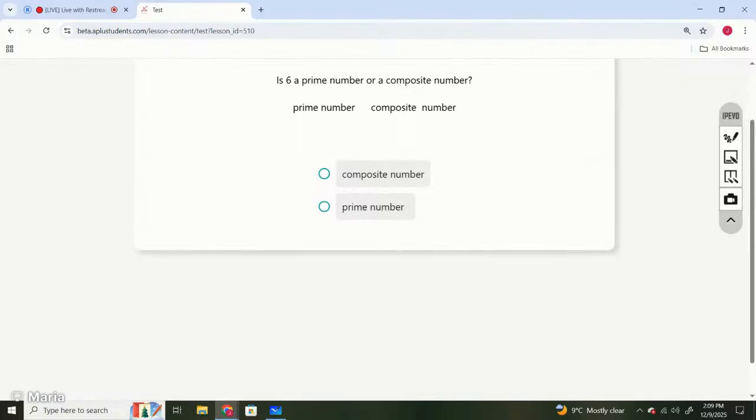Is 6 a prime number or a composite number? 6 is a composite number, right? Because 6 has more than two factors. So 6 is a composite number. Option number 1 is the correct option.